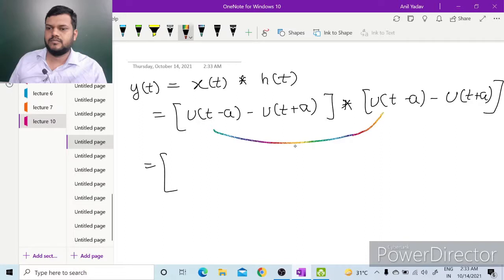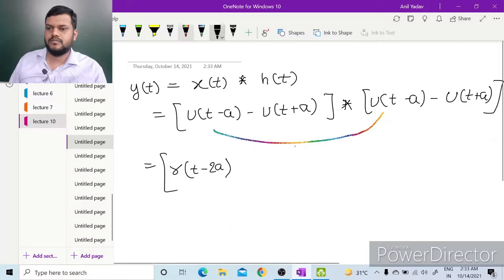We know u(t) convolved with u(t) is r(t), and by the time invariance property this will be r(t-a-a), means r(t-2a).